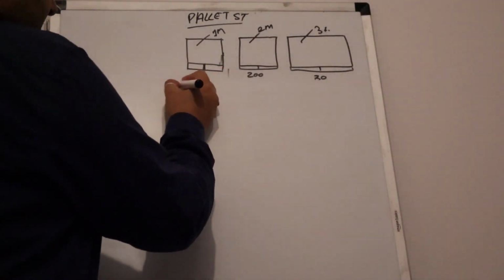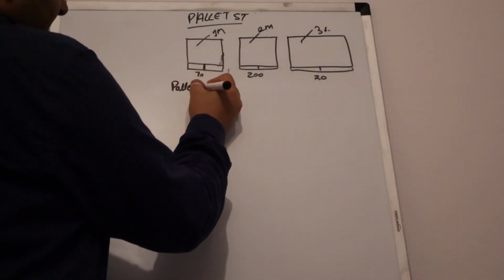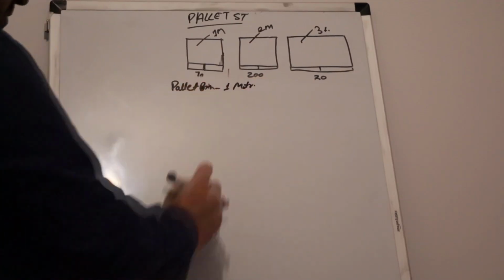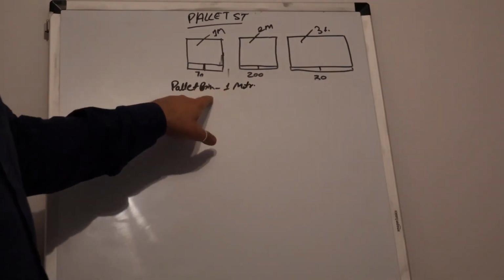Suppose I have a pallet bin which is 1 meter. A pallet bin means this bin contains 1 meter handling units.